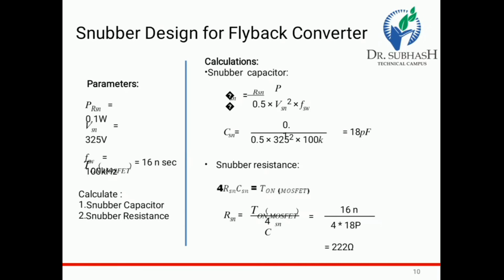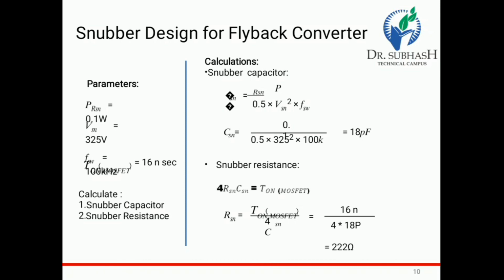Here T on is 16 nanosecond, divided by 4 times the snubber capacitance, which we found is 18 pF. So we get the value of snubber resistance as 222 ohms.